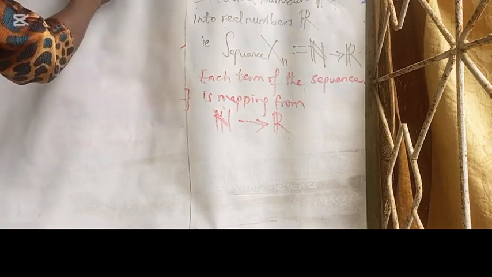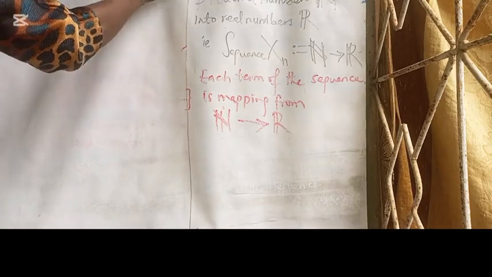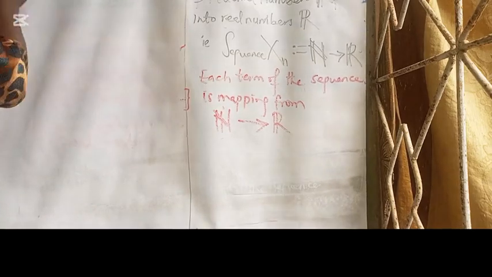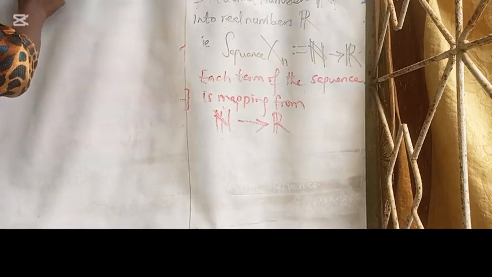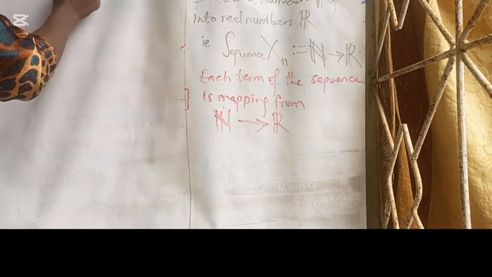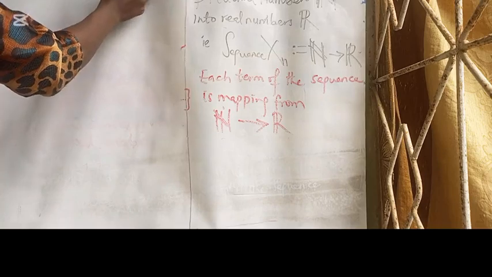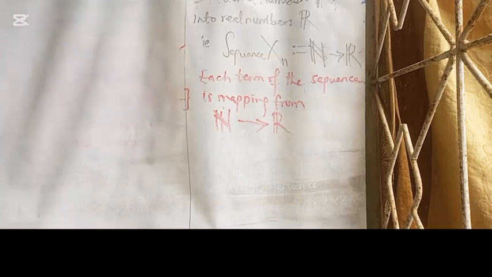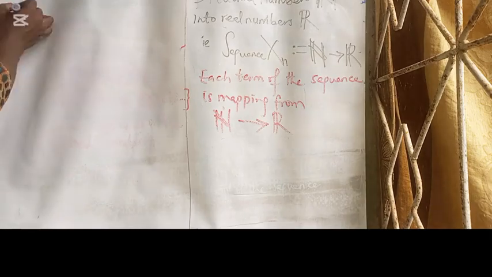Given the sequence Xn, or the sequence A subscript n, or X subscript n, which actually refers to what?